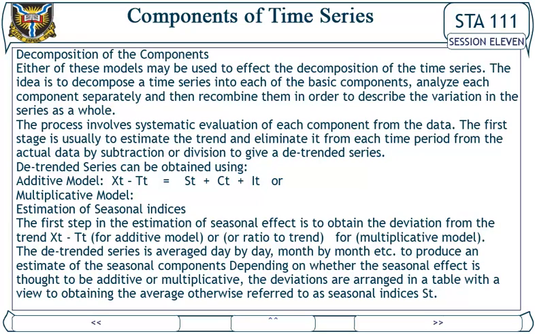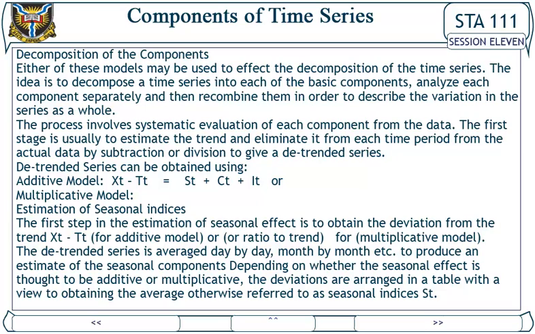The detrended series can be obtained using the additive model, Xt minus Tt is equal to St plus Ct plus It, or the multiplicative model, Xt over Tt is equal to St, Ct, It. Estimation of seasonal indices. The first step in the estimation of seasonal effect is to obtain the deviation from the trend, Xt minus Tt for the additive model, or the ratio to trend, Xt/Tt for the multiplicative model.